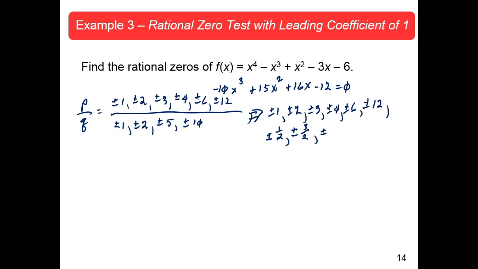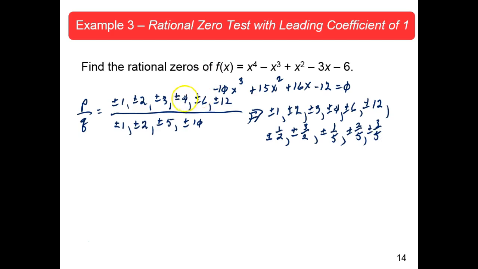Okay? But let's go to the third denominator. And that's where we get into plus or minus 1 over 5, and the next one would be plus or minus 2 over 5. This one's not going to be all that short. Next one's going to be plus or minus 3 over 5.